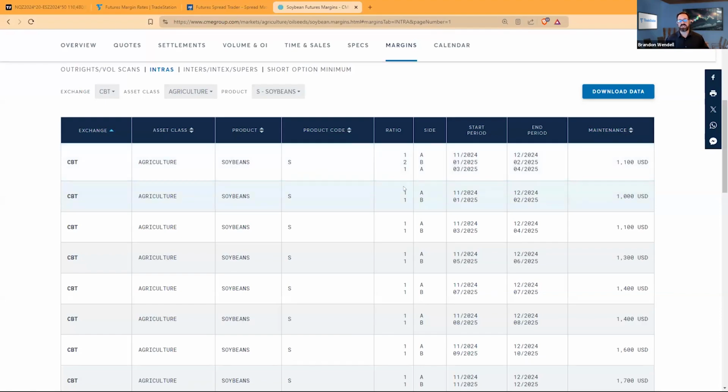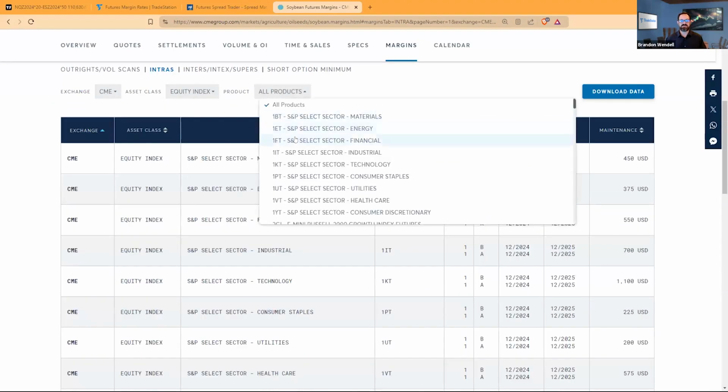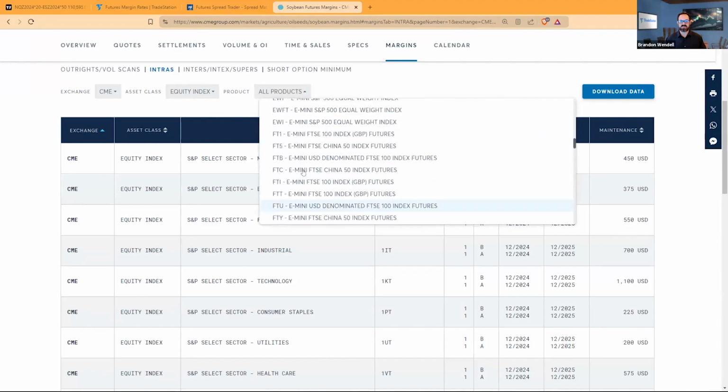And yes, these are vertical spreads basically, or well, not really vertical. Sorry, these are calendar spreads because you're doing different months, same security. That's a butterfly. So anyway, my point is that the A versus B, no big deal there. We're doing intramarket spreads. We can change to a different security. If I want to go CME, equity index, I can look for things like, where's the ES?